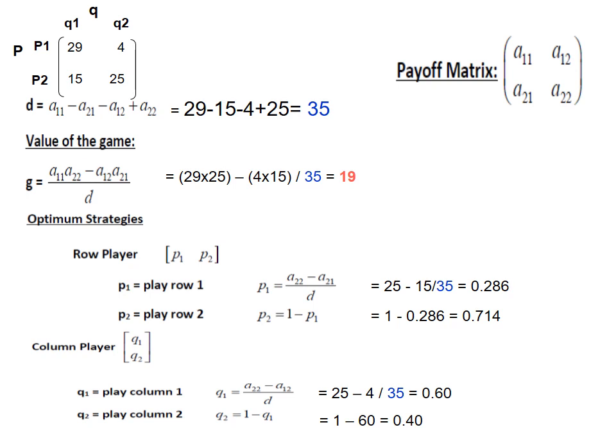B2 equals 1 minus B1, 1 minus 0.286, equal 0.714.